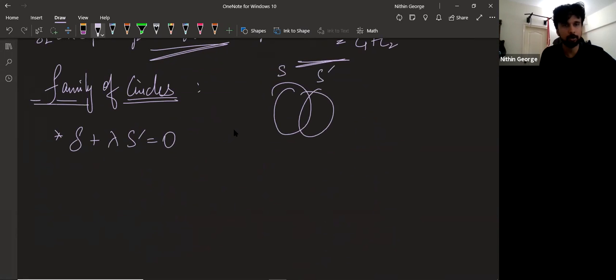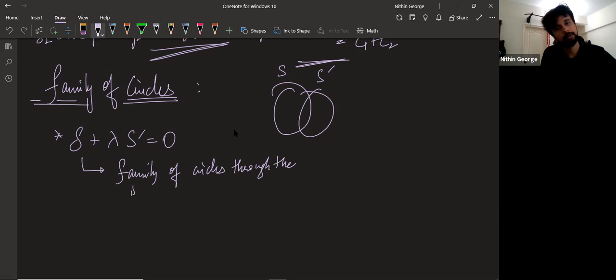This represents the family of circles through the intersection of the two circles. Basically, here you can see that the circles intersect at 2 points. So through these 2 points, we are representing all possible circles that can go through it.